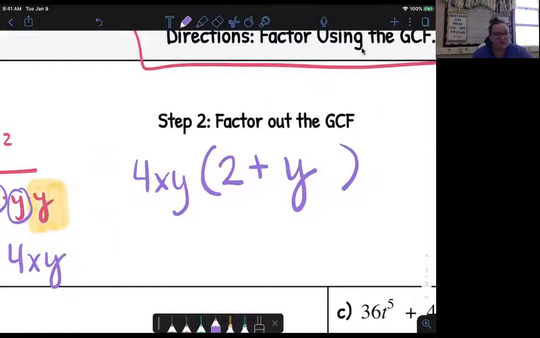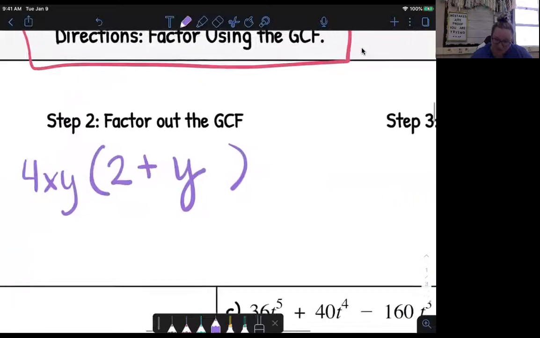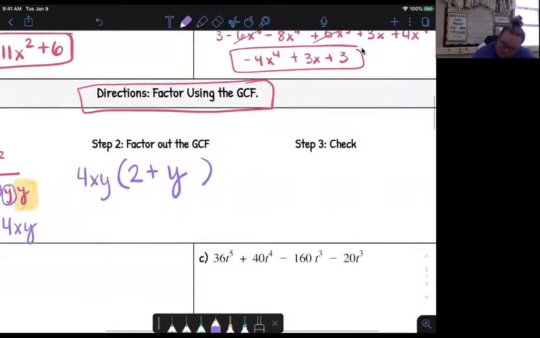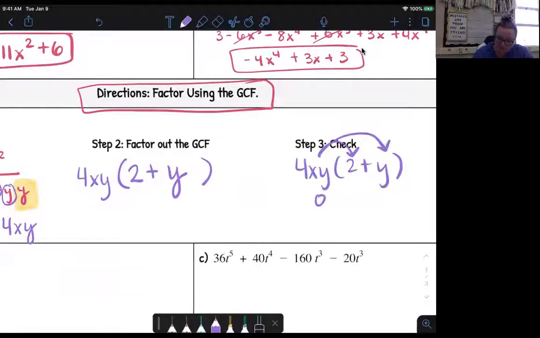So step 3 then is to check to make sure that we're correct. So to check, you're just going to take the 4xy times (2 plus y) and actually multiply or distribute. And then see if your answer matches what we originally started with. So 4xy times 2 is 8xy. Then 4xy times y would be 4x, and y times y is y squared.